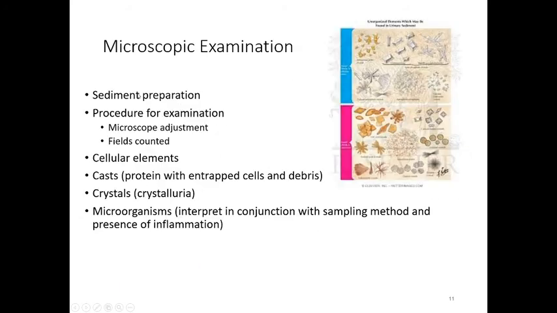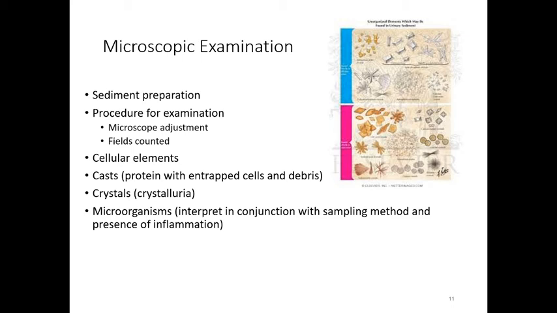The microscopic examination, we're going to look at sediment, do that sediment preparation. Make sure your microscope has been adjusted and that you're going through the fields and counting. So you're looking for cells. You shouldn't see a lot of cells or really any cells in the urine. You're looking for casts. Casts are basically what is left in the tubules, the teeny tiny little tubules that are in the kidney.